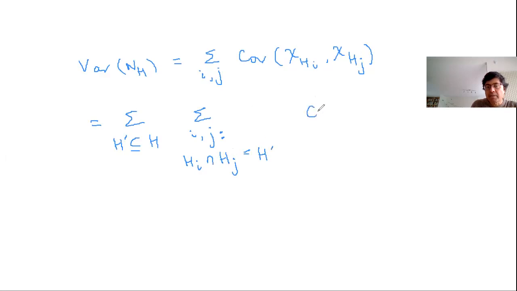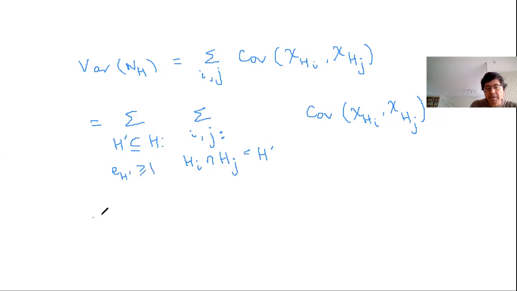And then the covariance of the indicator of HI, the indicator of HJ. Okay, and without loss of generality, since this covariance is 0 if H prime contains no edges, we can restrict the sum to H prime containing at least one edge, EH prime bigger or equal to 1.